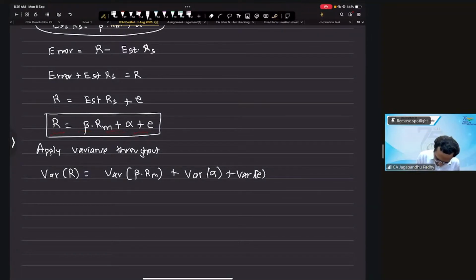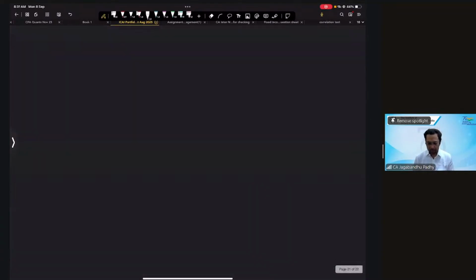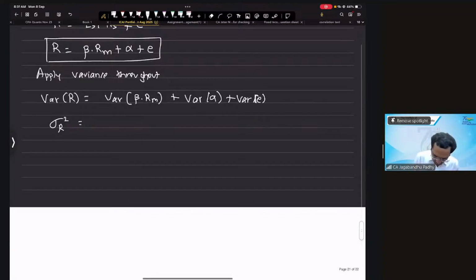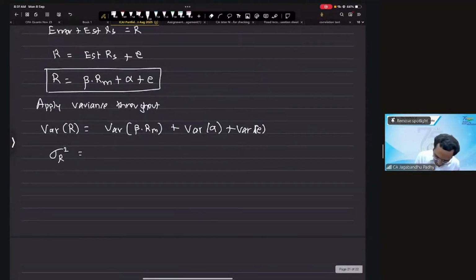So the variance of the return of the security is equal to variance of beta into RM plus, what can you say about variance of alpha?